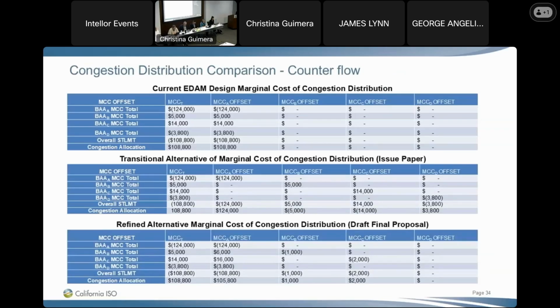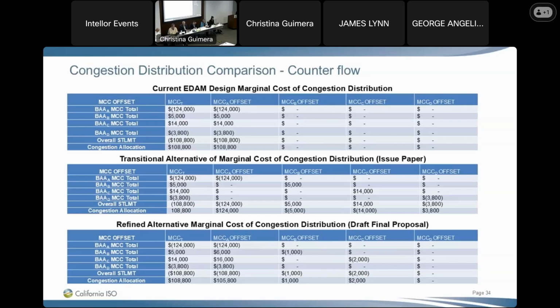So in the original EDAM design, we have $108,800 that is overall congestion revenue collected. It's being paid to BAA. Under the transitional approach as part of the issue paper, as we said before, we were looking for the congestion where it materialized. So in this case, I had $124,000 that went to payment to BAA.